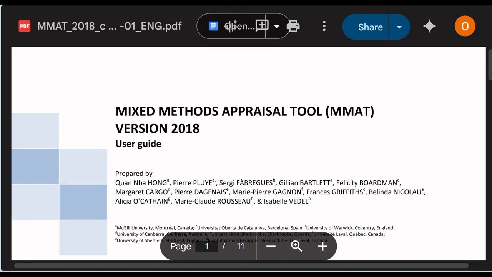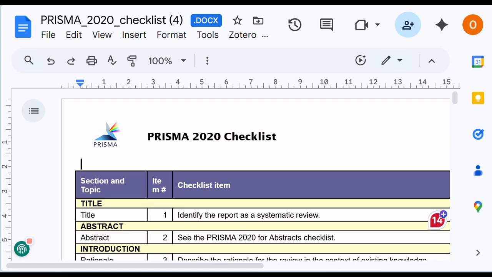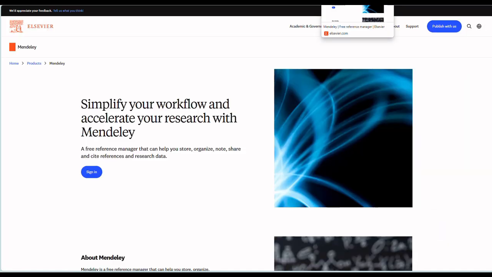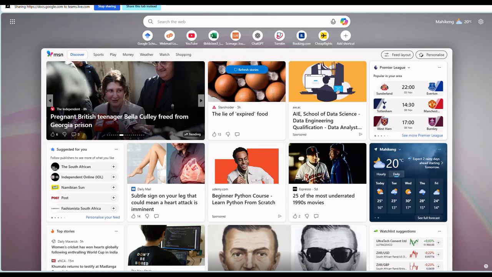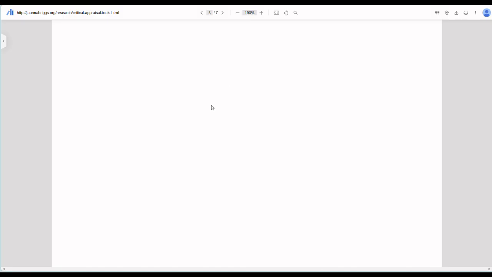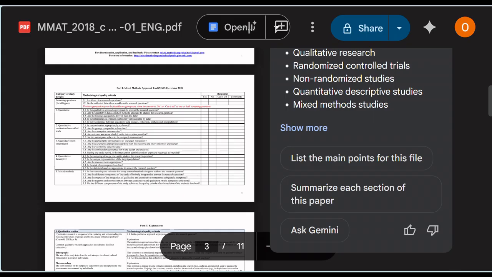It is the analysis type that helps you to visualize the results and what each study reports. Let me see. I'm trying to see if I can open one now.